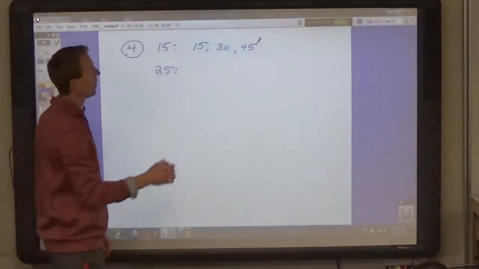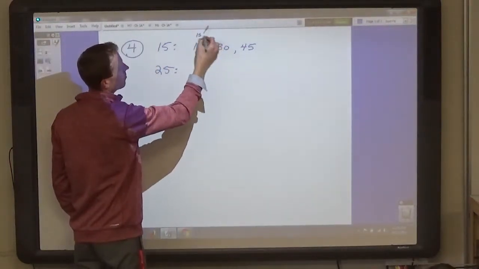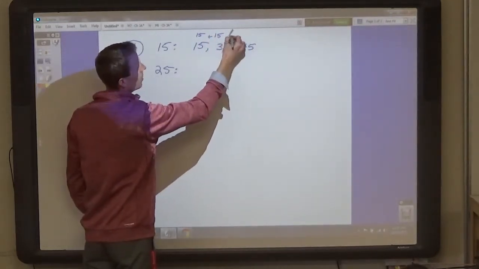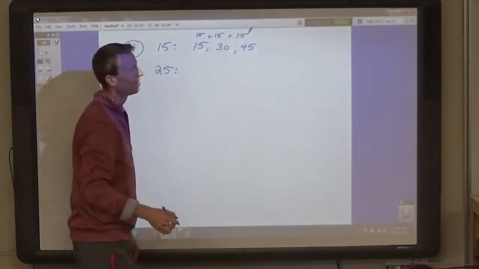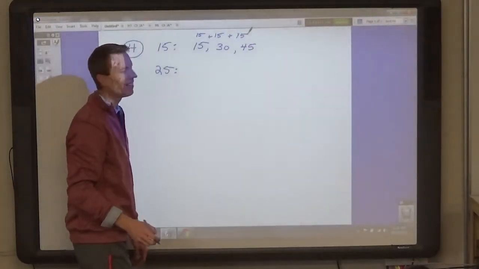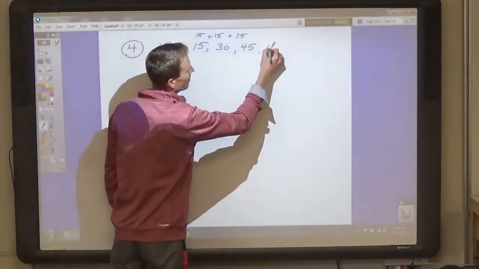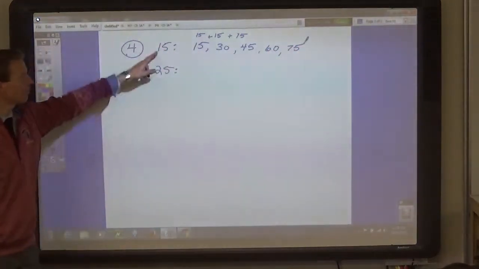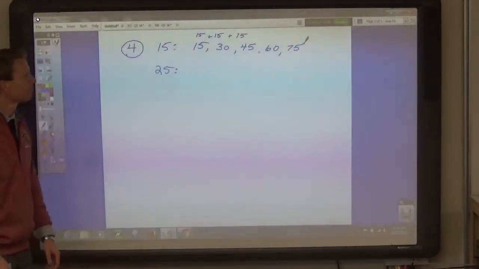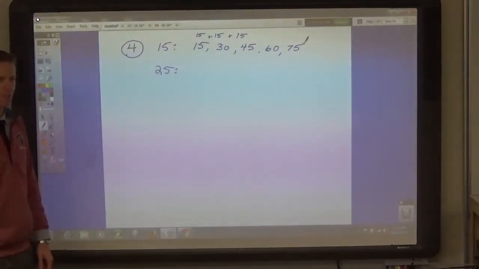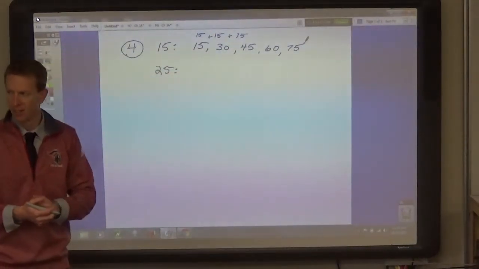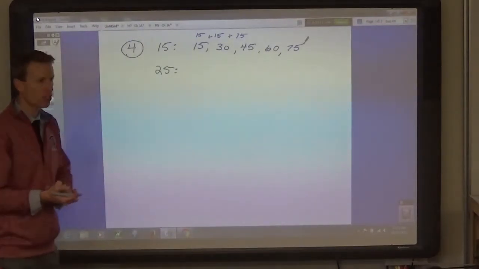Or if you think of it this way, 15 plus 15 plus 15, you get the same thing, right? 60, 75, those are the multiples of 15. Right? Remember, multiplication is just adding the same number over and over and over again. Okay? Or repeated addition, it's called.